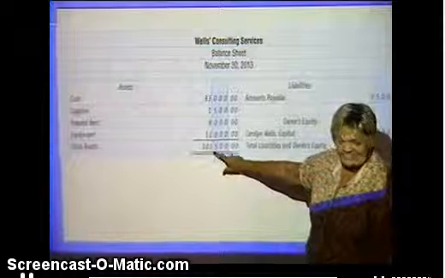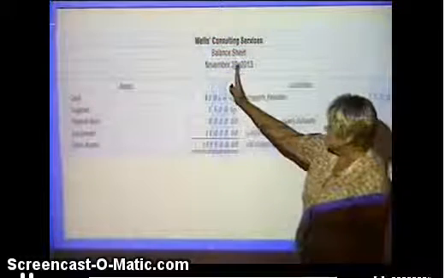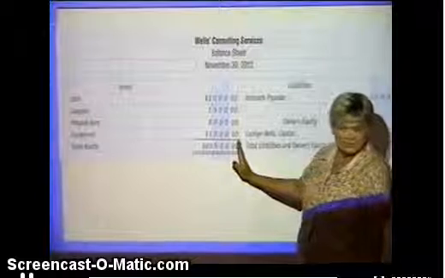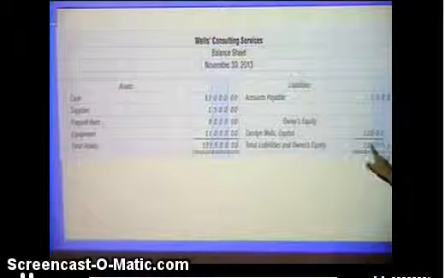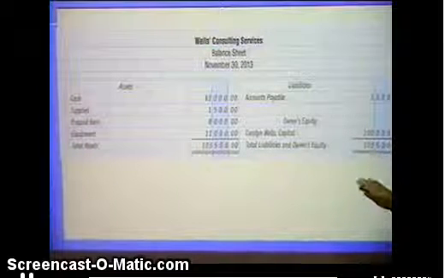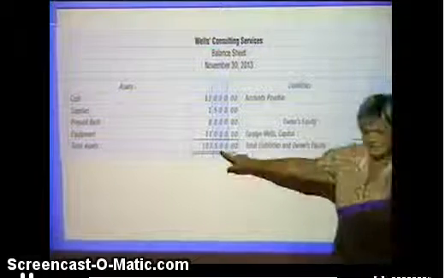Correct? And we pretend there's an equal sign here in the middle of this particular form. And then we're showing liabilities and owner's equity. We add those together. There's our equation. Right? Correct. Here we go.